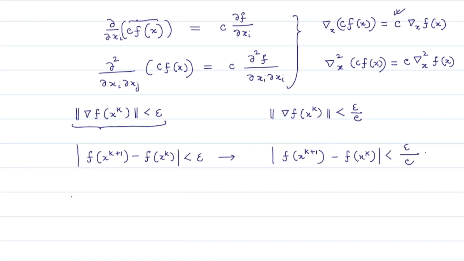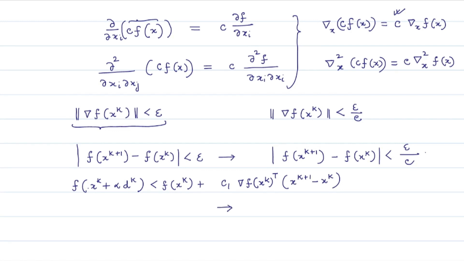If however we look at the inequations for calculating the step length, let's suppose we are considering the Armijo rule, then we see that in the scaled function f, these inequations do not have any effect, because in the scaled function this inequation gets revised to c times f here, c times f here, and c times f here.